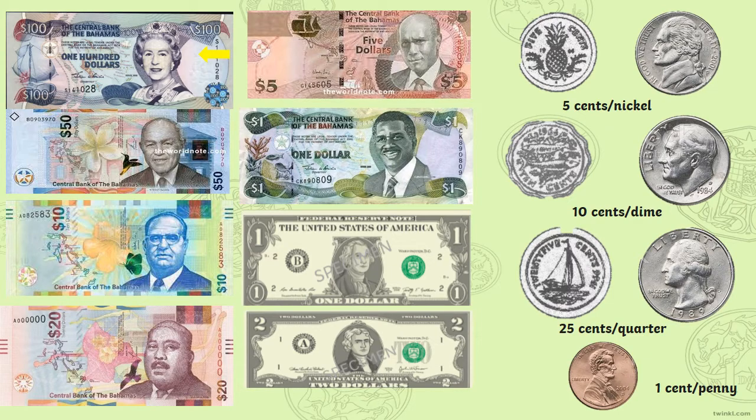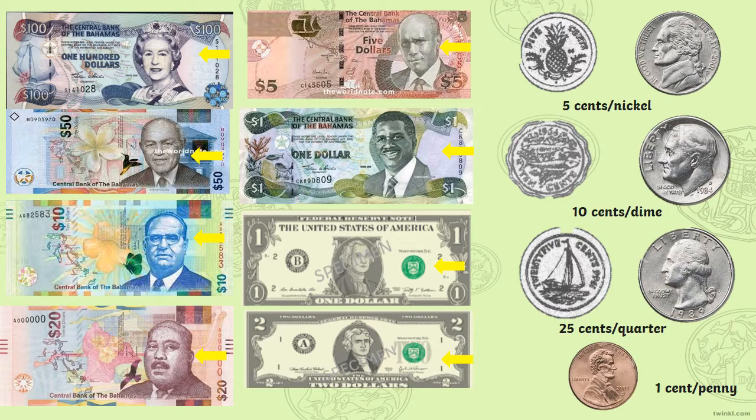First, we have the Bahamian $100 note, the Bahamian $50 note, the Bahamian $10 note, the Bahamian $20 note, the Bahamian $5 note, the Bahamian $1 note, the US $1 note, and the US $2 notes. Now, there are other notes for the US, but we don't have them here.